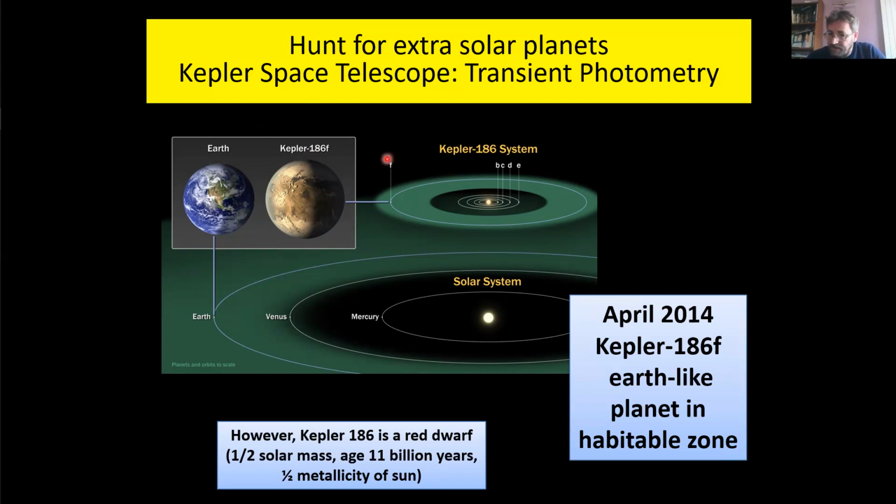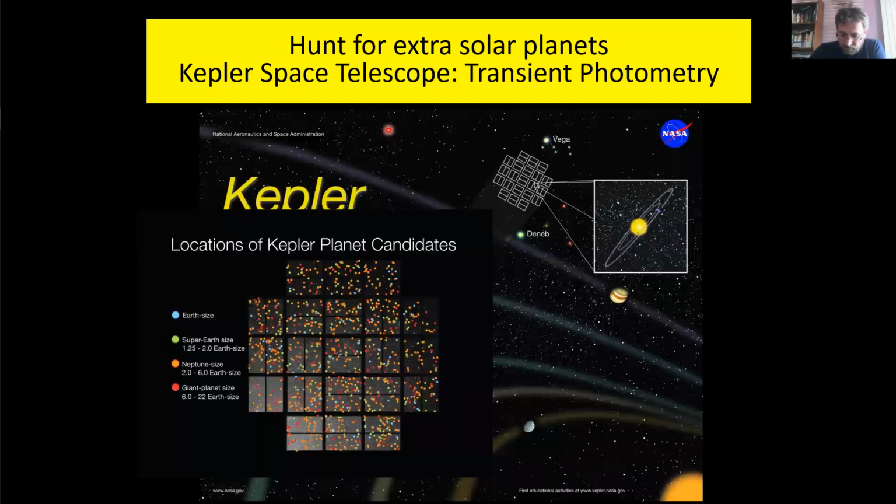Nevertheless, we had the proof that there are other planets the same size as the Earth, and they can be in the habitable zone. So you're coming closer.